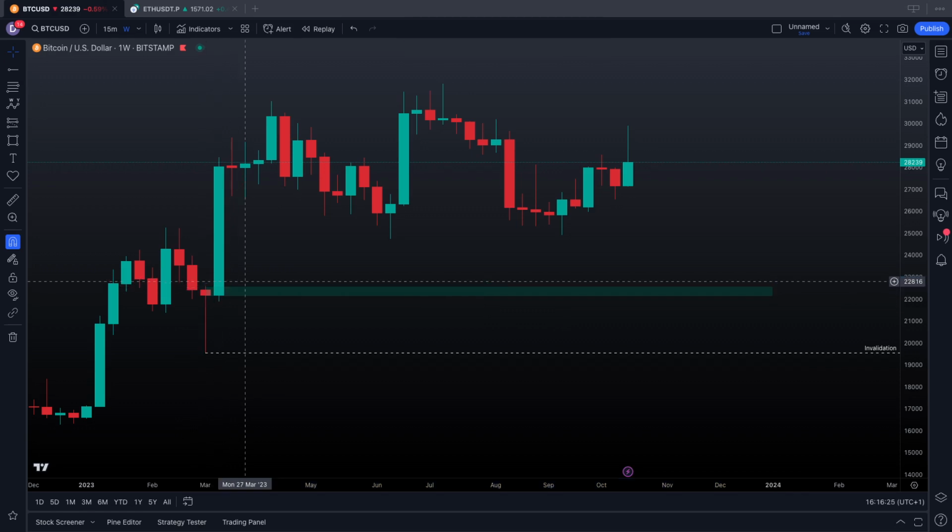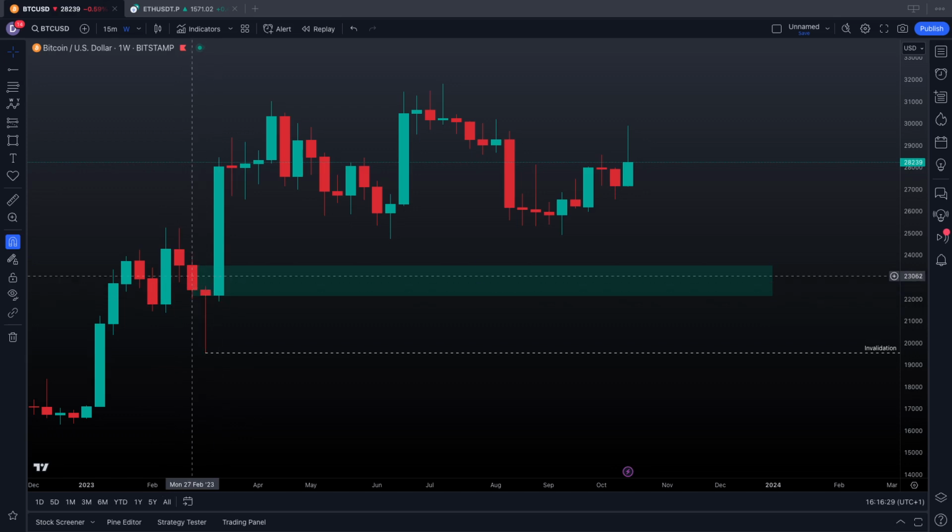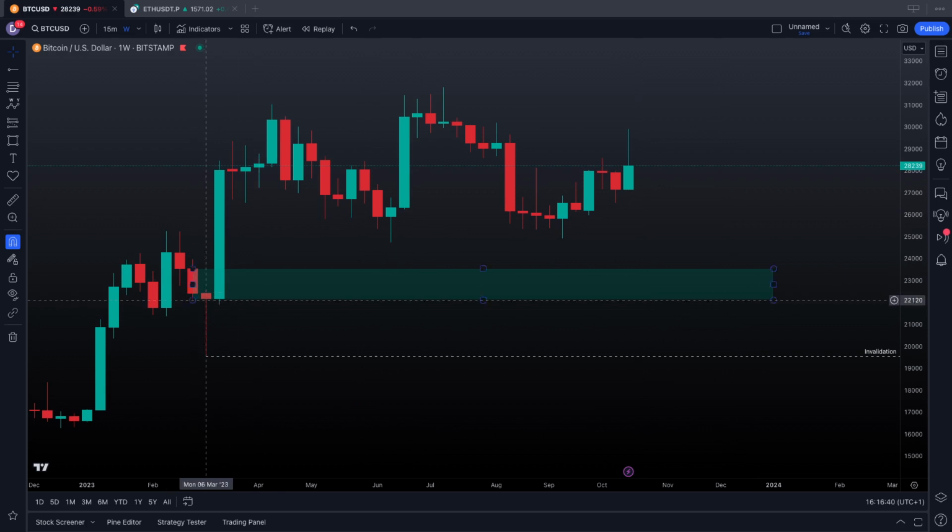But I'm being a bit more generous, like even like this. You don't have to select all the down close candles. You can select the last 2 down close candles before the higher impulse up. I'm talking, of course, in the higher time frame. And then use this as some sort of level of support to look out for, and generally use this as an invalidation point for your trade.